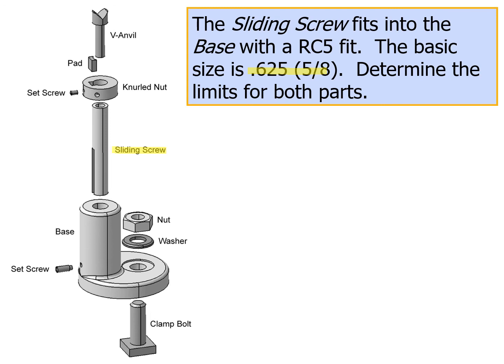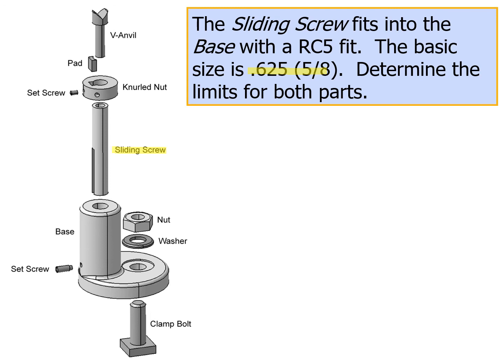Again, open your textbook, look at the appendix 8.1, find which one gives you RC5, and look at the row which is 0.625 as the basic size, and then you find the vertical column representing RC5.